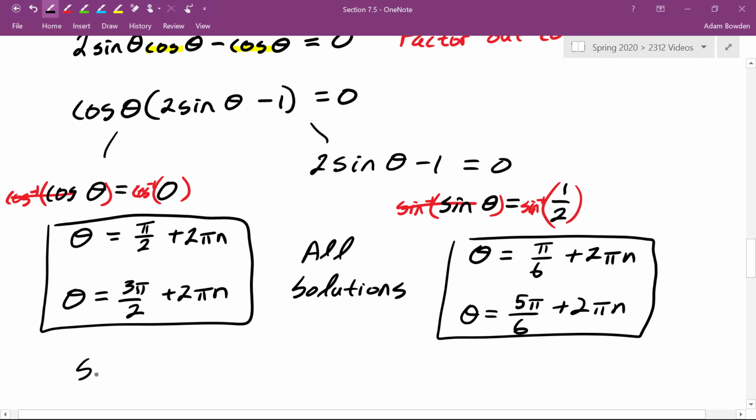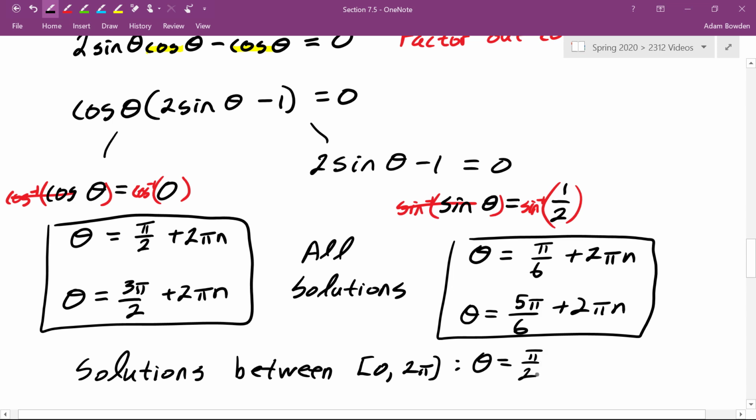And then if we want to write down the solutions in one rotation between 0 and 2 pi, that'll just be the angles pi over 2, 3 pi over 2, pi over 6, and 5 pi over 6.